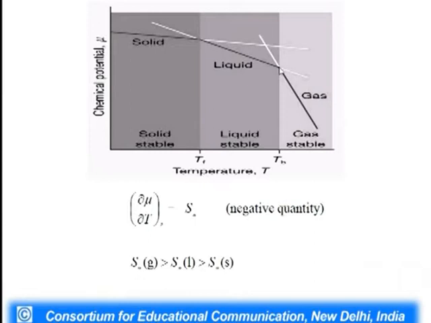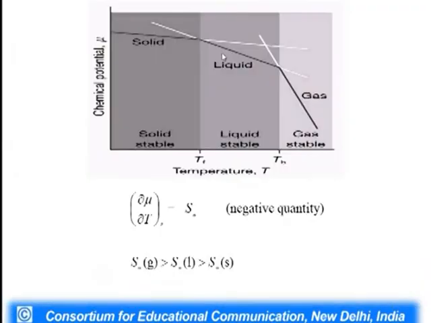Similarly, there will be a temperature where gas will cross solid and liquid, and then only gas will become the stable phase, and that temperature is called the boiling point. That is why at lower temperature you have a solid. Once you increase the temperature, first it will go to liquid and then it will go to gas.